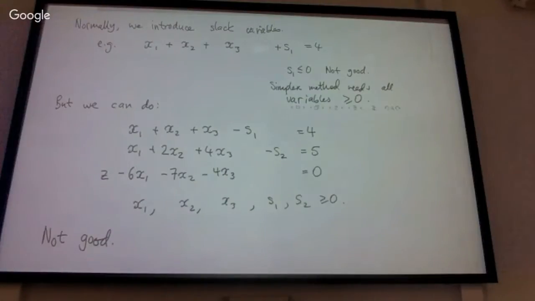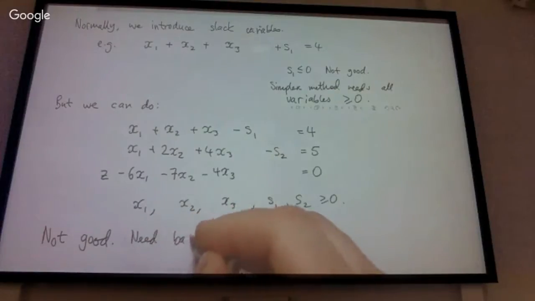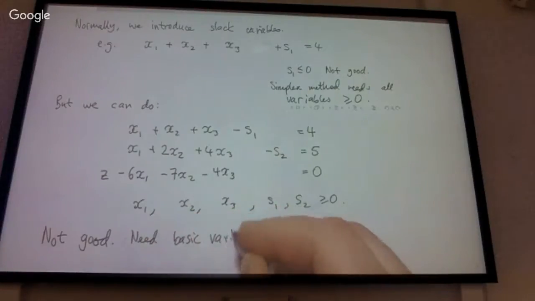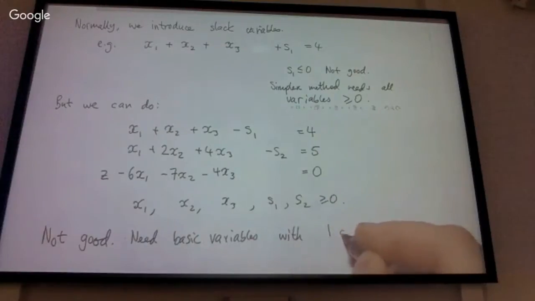They have to have a 1 and 0 in the rest of the column. But here we have a -1 and zeros. So that's not good, because we need basic variables with 1 and zeros in that column.